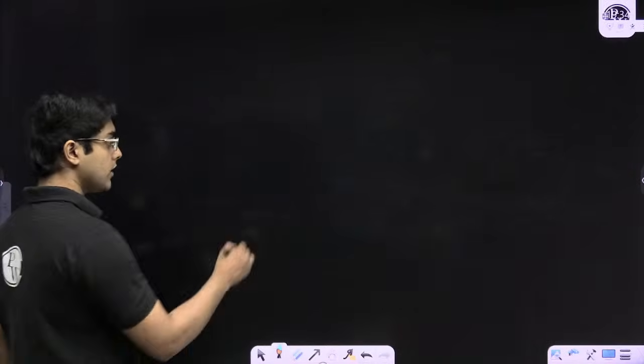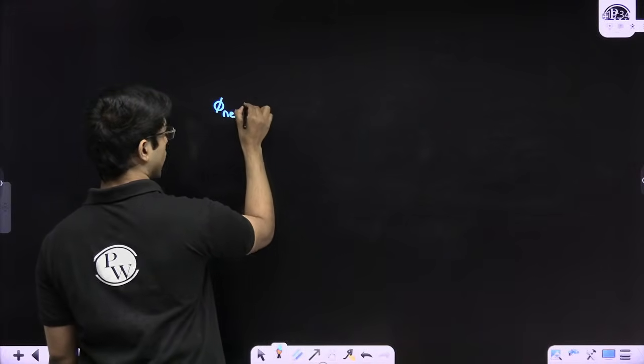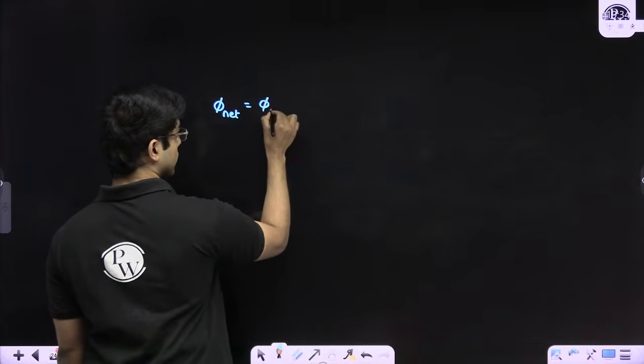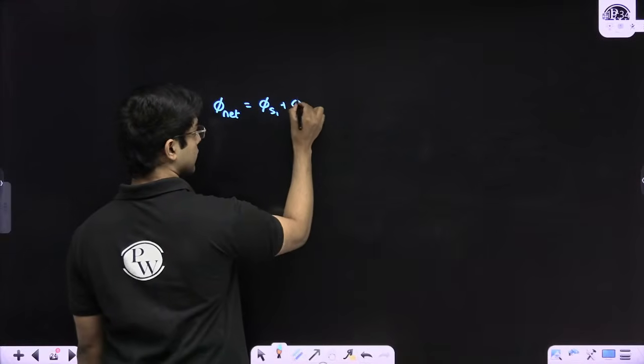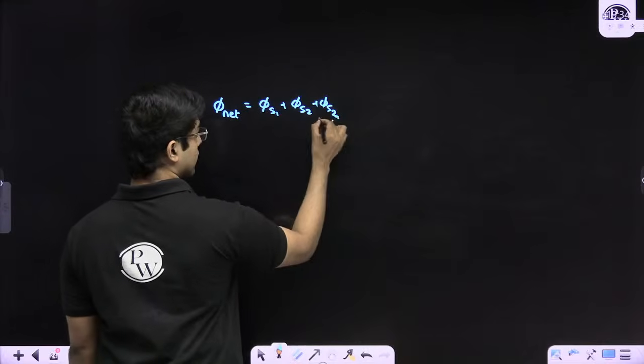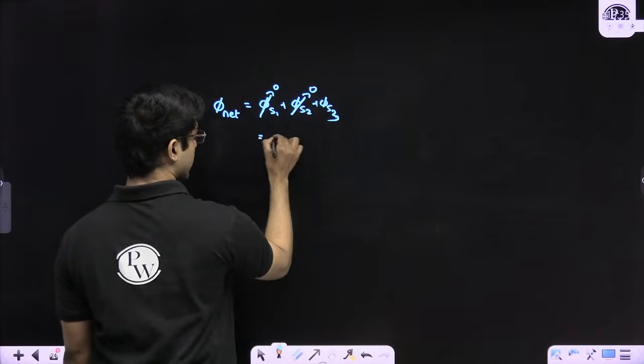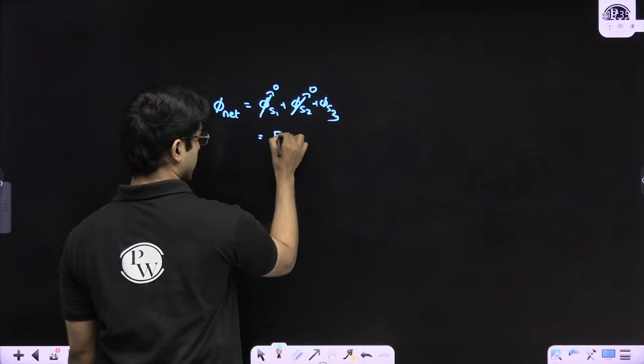So we calculated the left hand side of Gauss law. The left hand side of Gauss law is the net flux through the Gaussian surface. So that was phi S1 plus phi S2 plus phi S3. These two were 0. So the only flux is E into 2 pi RL.